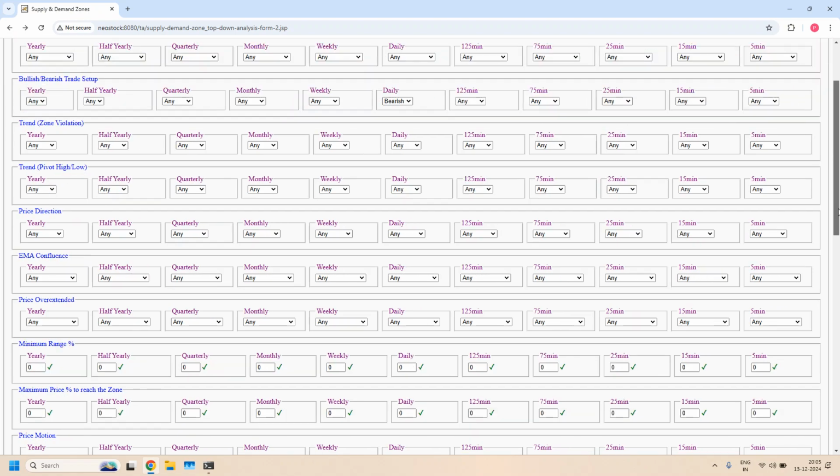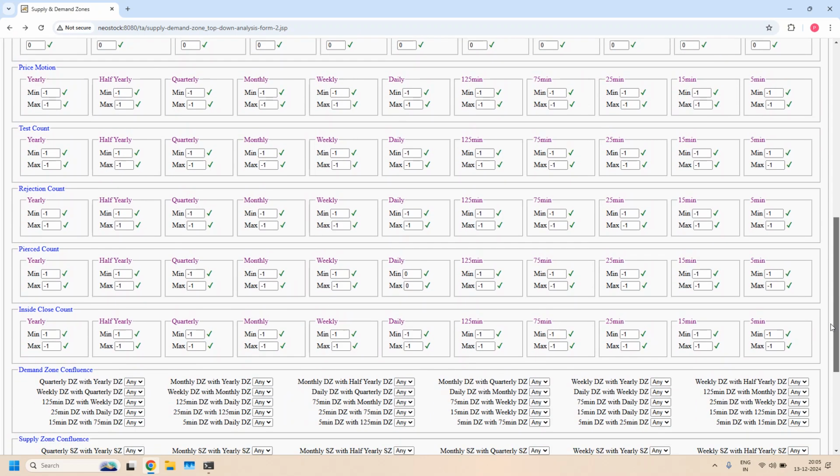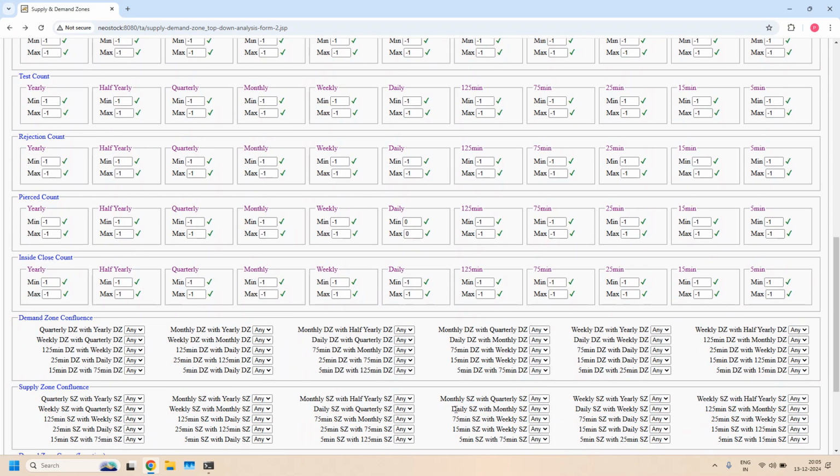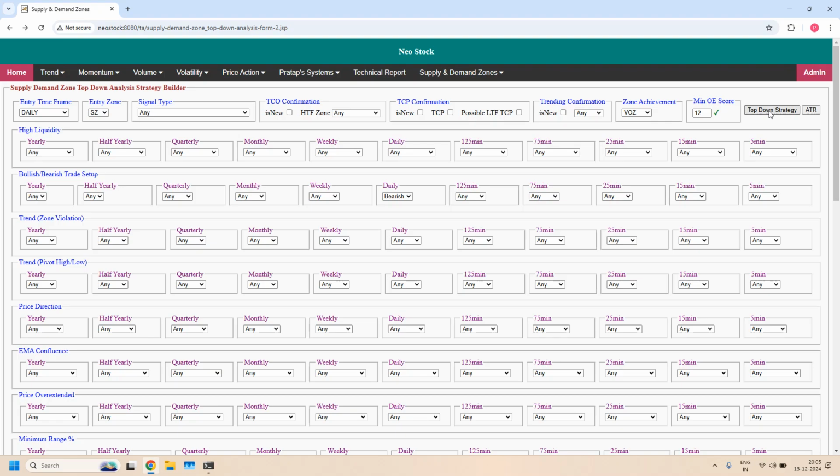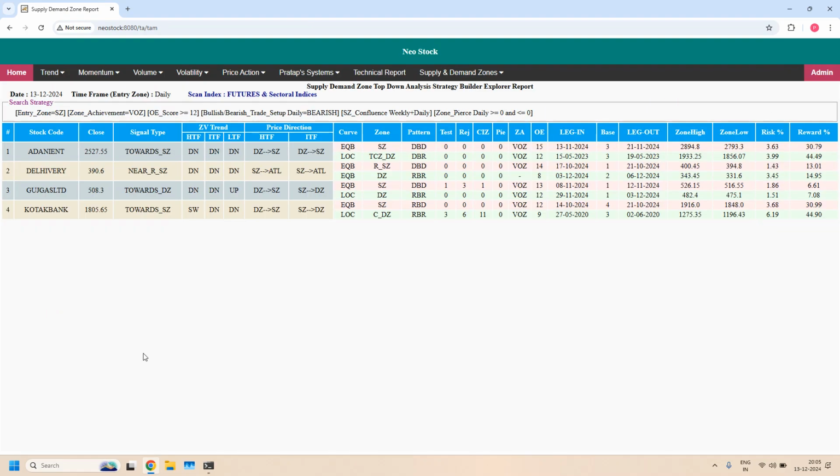Let's verify. In the supply zone confluence, daily supply zone with weekly supply zone confluence filter is enabled. With this filter, out of 4 stocks, we got all the 4 stocks. That means in all these 4 stocks, the daily supply zones are part of the weekly supply zone.